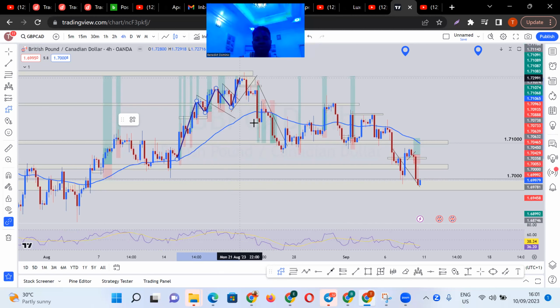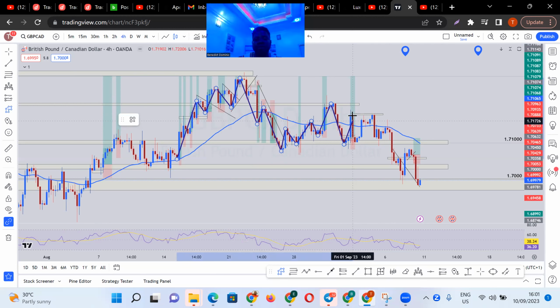Then the market started going down, lower low on 4-hour time frame. Nothing. We made higher high straight to lower low. As we made the lower low, we created this lower high right here.